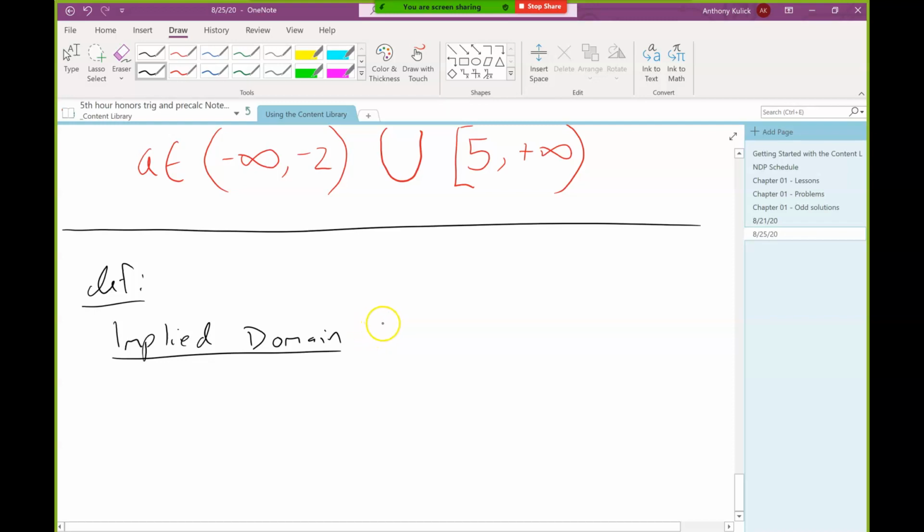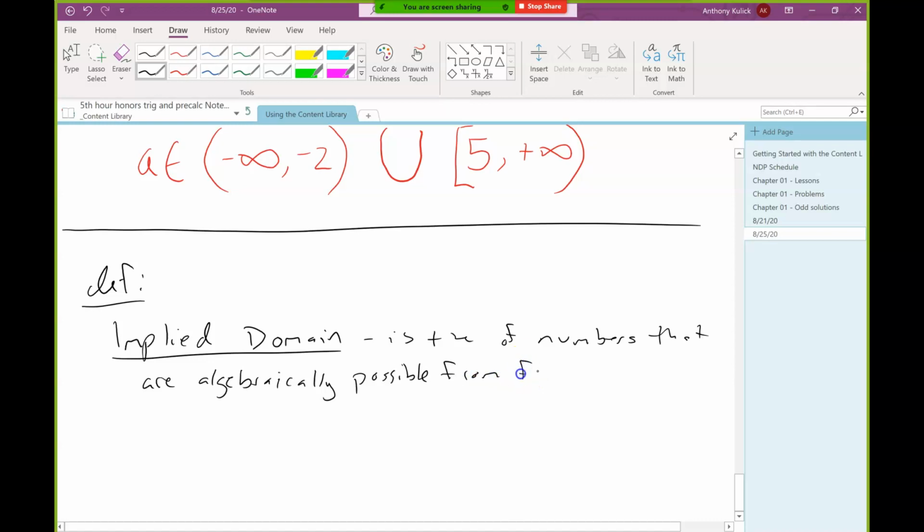So the implied domain is the set of numbers that are algebraically possible from a given function.